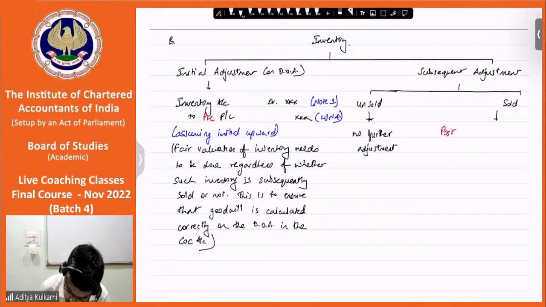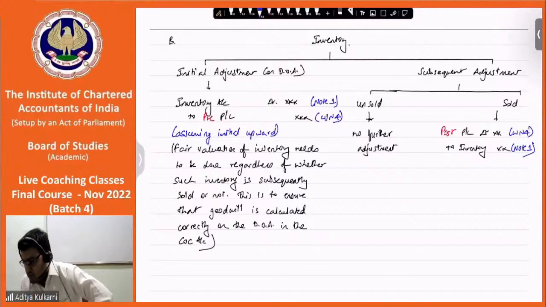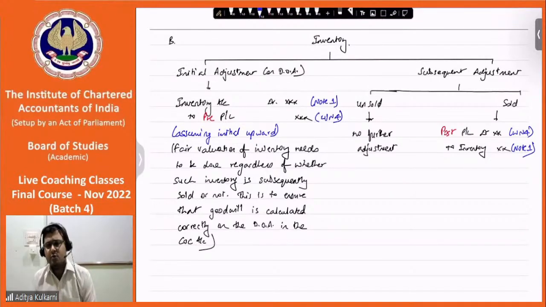So post P&L account debit to inventory. So where will this go? This will go in working note 4. This will go in note number 1. Okay.